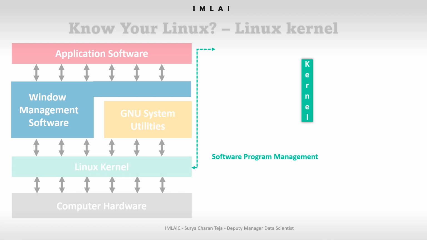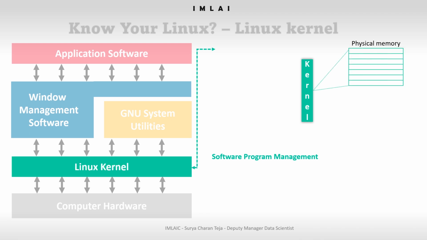Now, enough of history. Let us deep dive into the functionality of the kernel. The kernel is primarily responsible for four main functions. The first one, one of the primary functions of the operating system kernel, is memory management. Not only does the kernel manage the physical memory available on the server, but it can also create and manage virtual memory, or memory that does not actually exist.